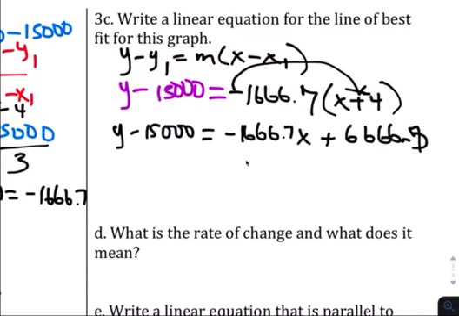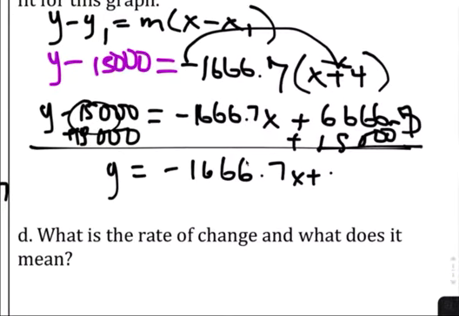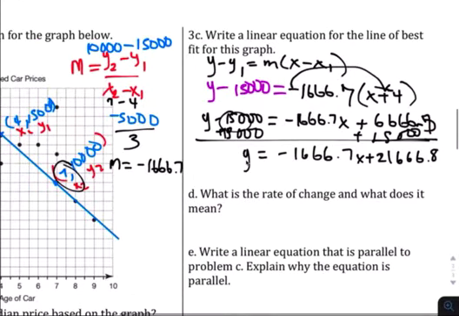Then add 15,000. Negative 166.7x plus the rate of change.